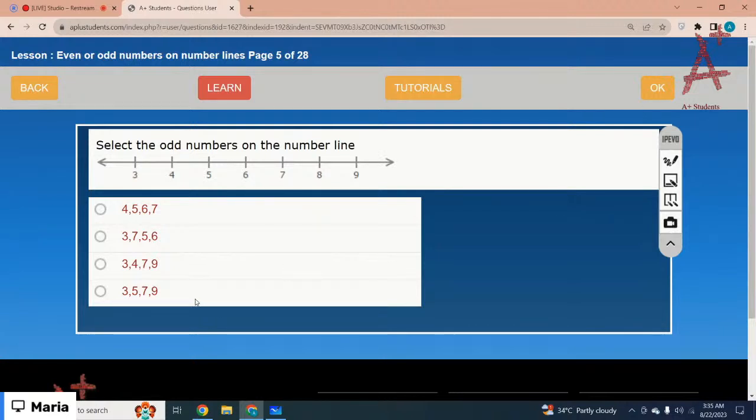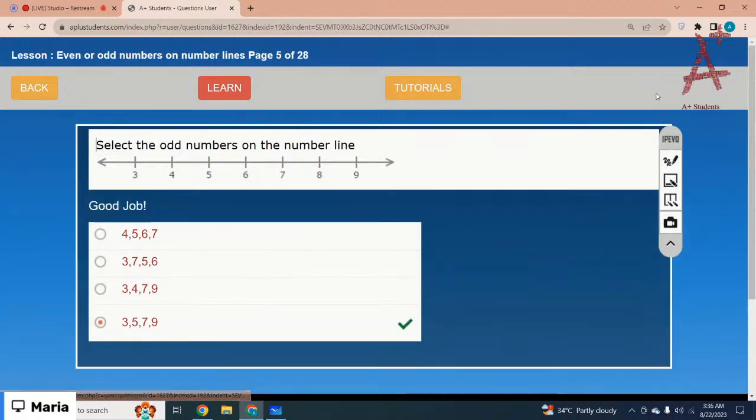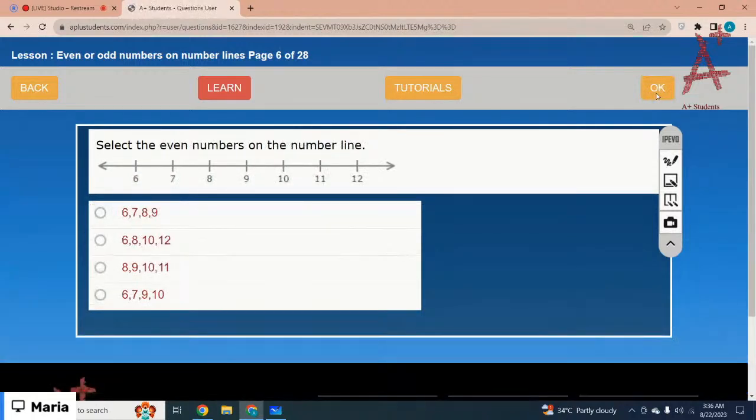The last option is the correct one. Select the even numbers on the number line, which is the correct option.